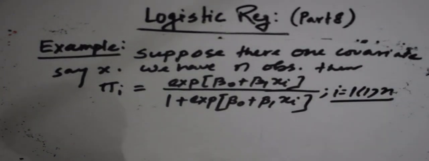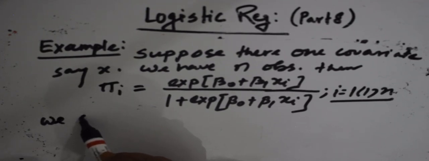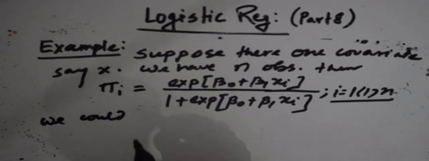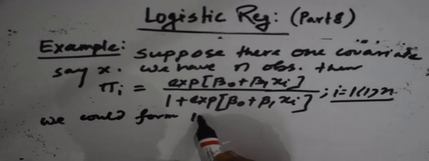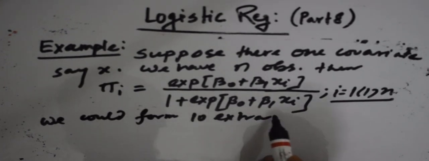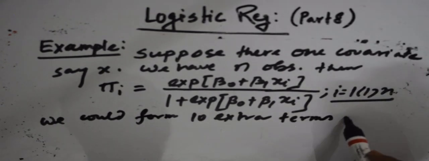We could form 10 extra terms or groups based on deciles of the covariate xi.